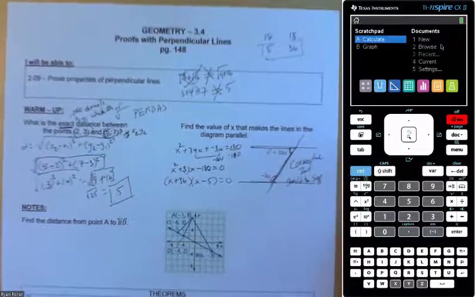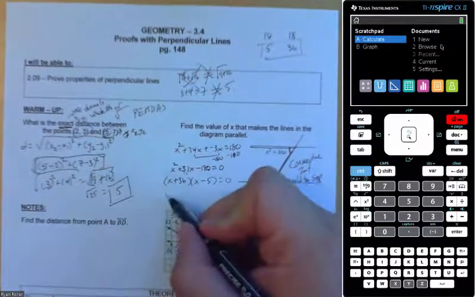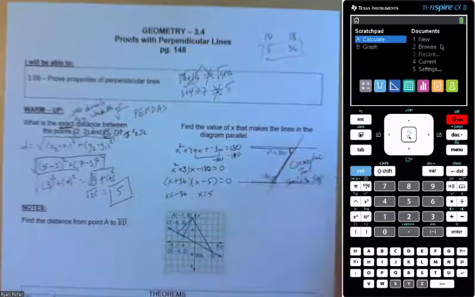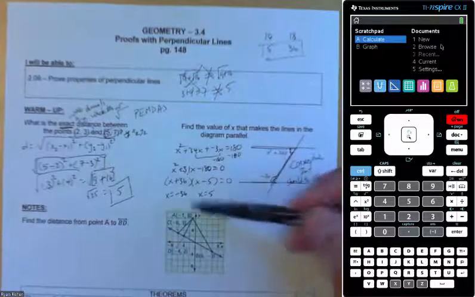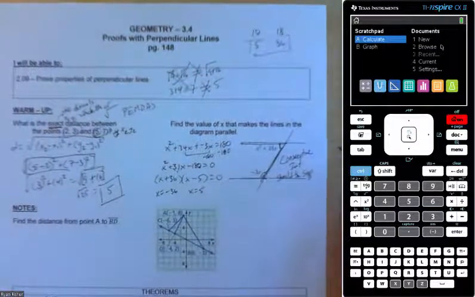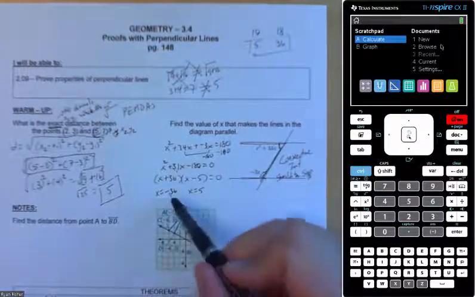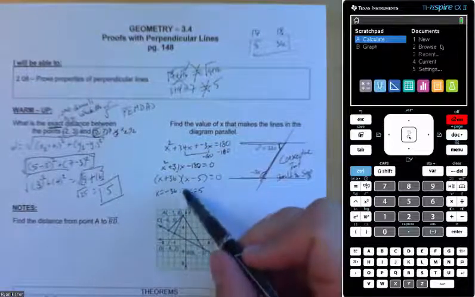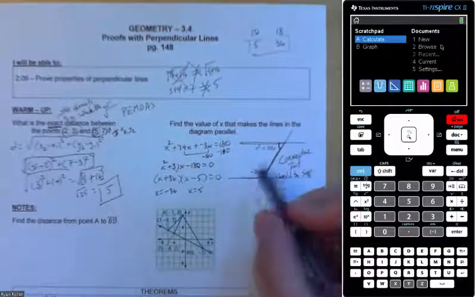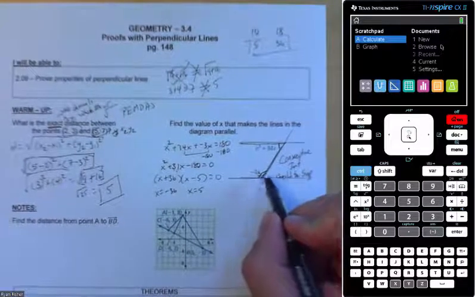So what are my two possible values of x? I think x is either negative 36 or x is 5. Which one or both of these values makes sense in this diagram? It's tempting to throw out negative 36 because it's negative, but in this case, this angle is equal to negative 3x. So when I plug in a number for x, I can't have a negative angle.